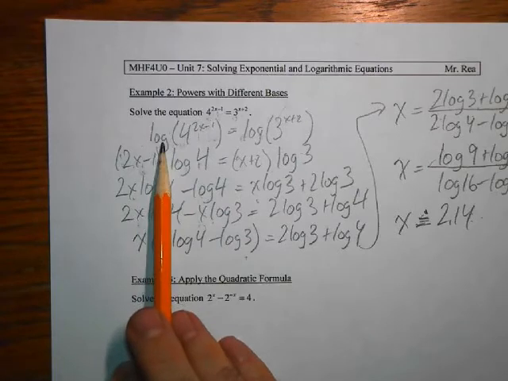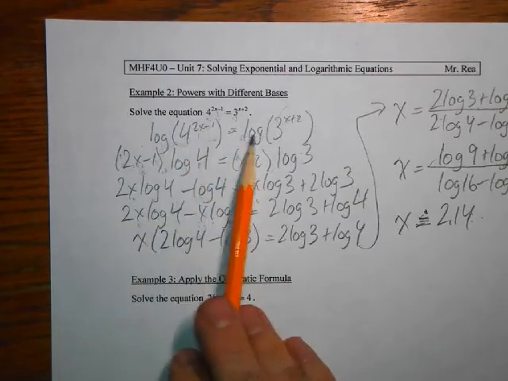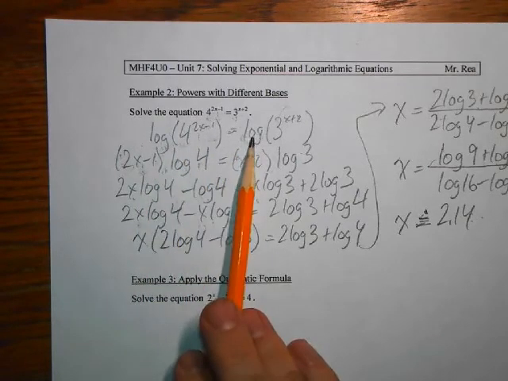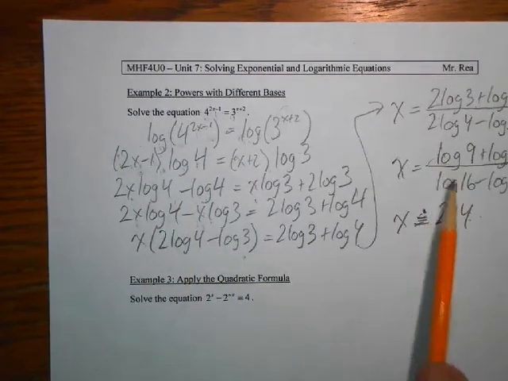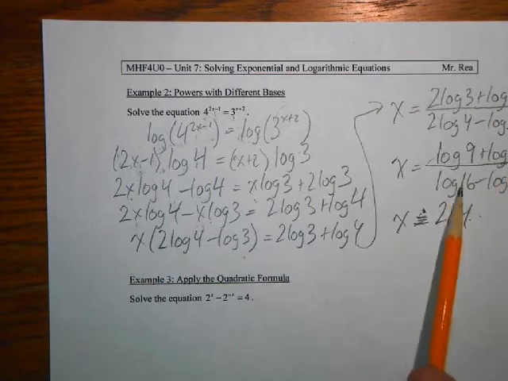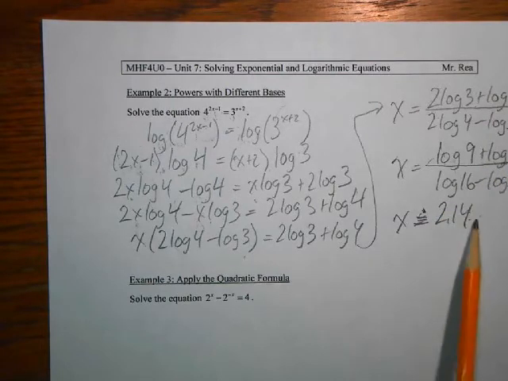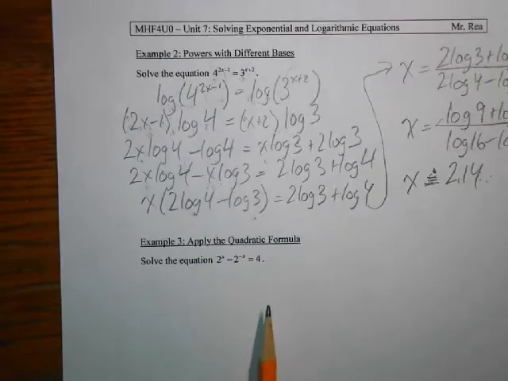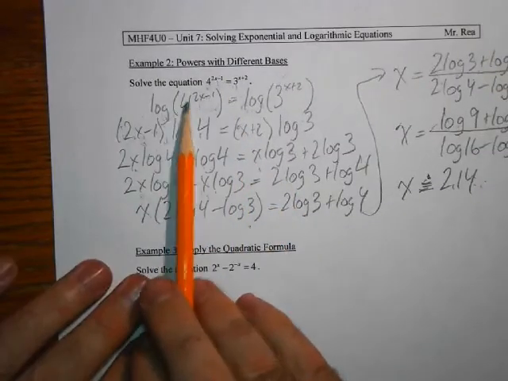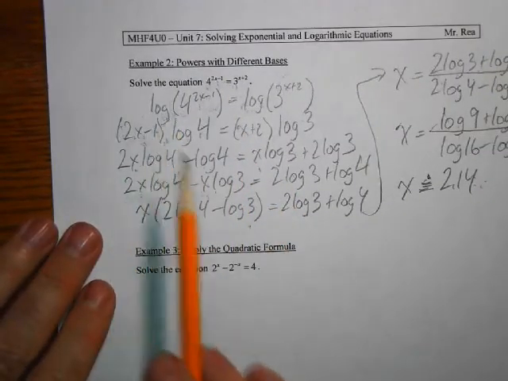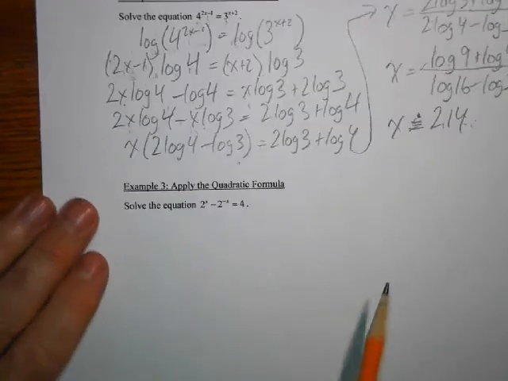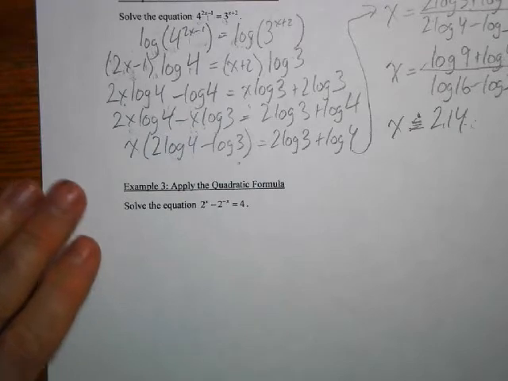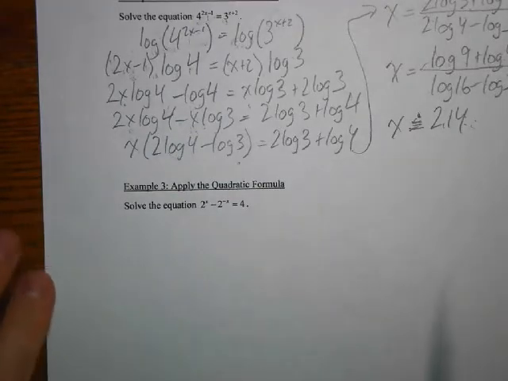So I could have done the same thing and just replaced the log with ln all the way through here. And if you got to here and you had ln 9 plus ln 4 over ln 16 minus ln 3, you would still get the same answer. So either taking the common log or the natural log, ln, is an option for this question. A lot of teachers prefer you to do ln, but again, I know either method will work.